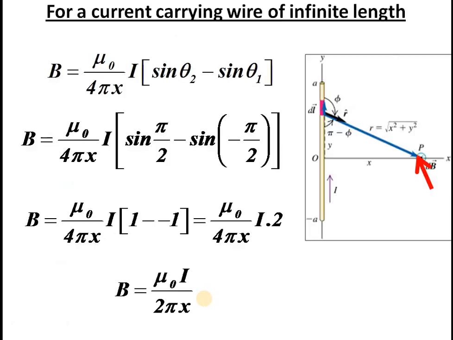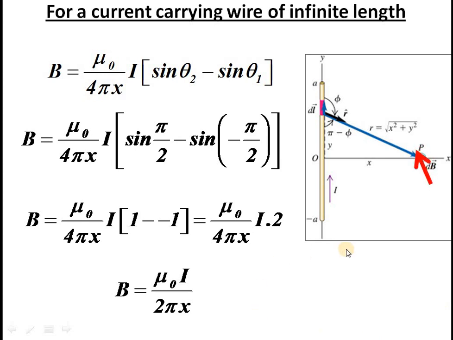So this is the way magnetic field due to different wire geometries is derived. First we used the Biot-Savart law to find the magnetic field of a small piece of wire. Then we used that basic equation to find the magnetic field of a finite piece of wire, and then we extended it to an infinitely long wire.